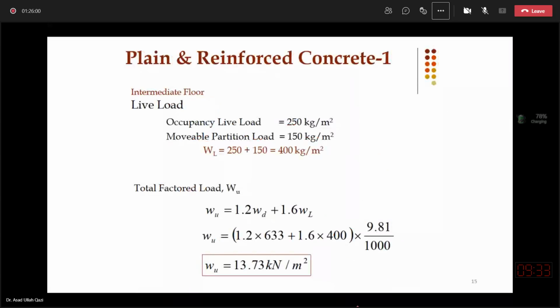But here they are also explaining that for intermediate floors, the proposed occupancy load is 250 kg per meter square. I earlier used 300 kg. So this is also for some residential buildings, intermediate floors. 250 is quite safe.